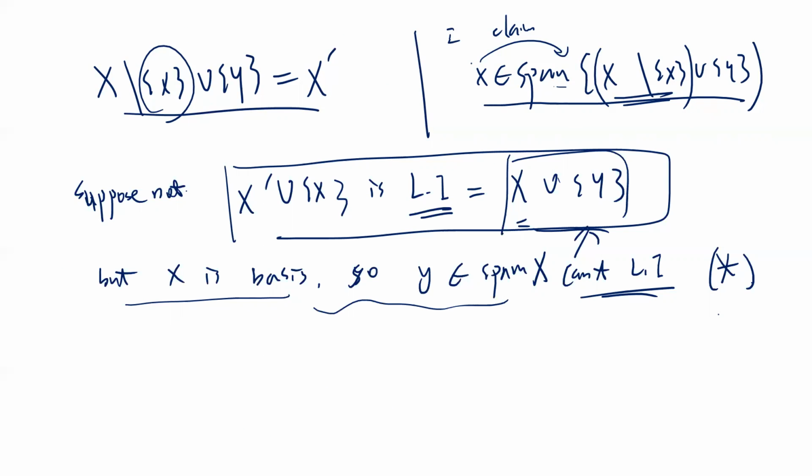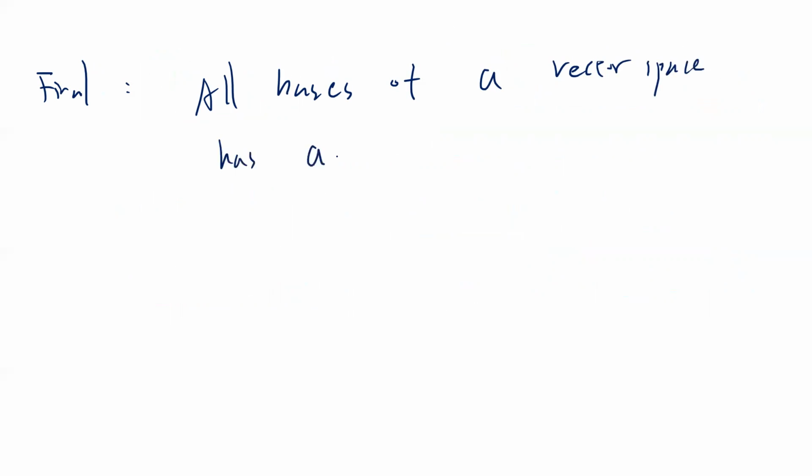Okay, so the final fact that people usually also use is that all bases of a vector space have the same number of elements.